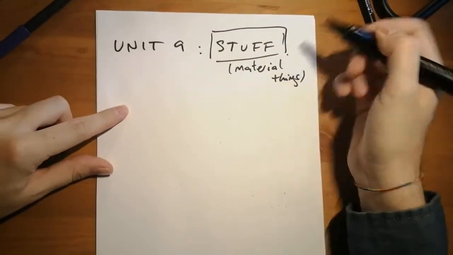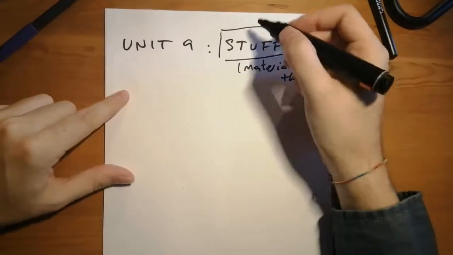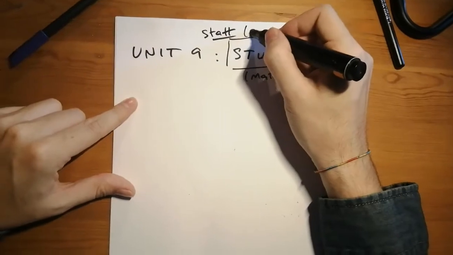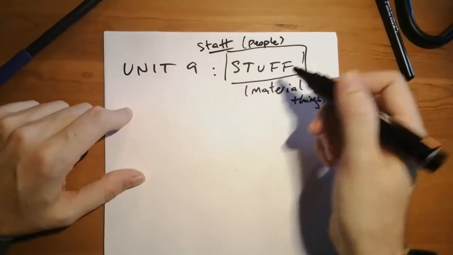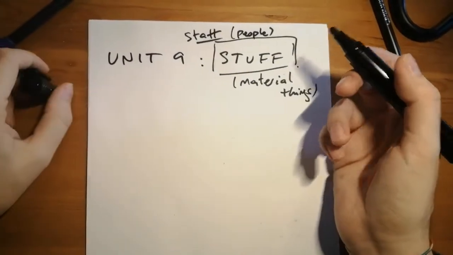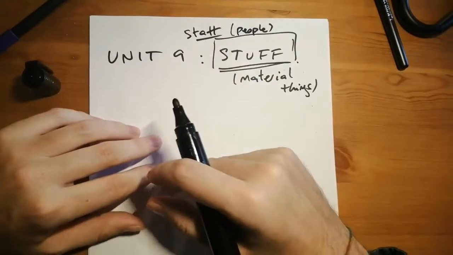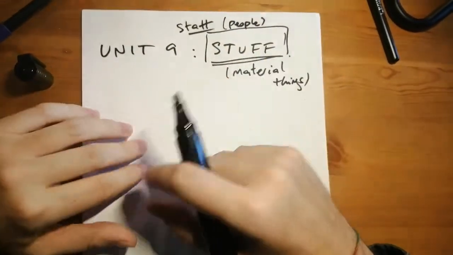All of that is the stuff, okay? Different to staff, as you also know, which is the people who work, for example, in a restaurant. It makes the staff, also in Spanish, we use that word. Here is staff, same pronunciation, but with a different spelling, okay? So it's all about material things.